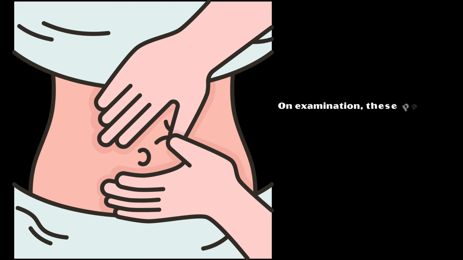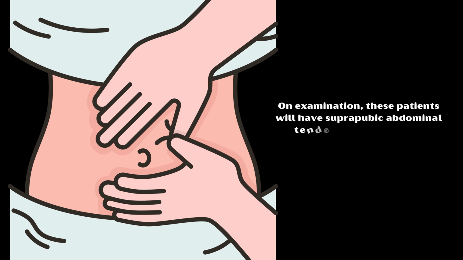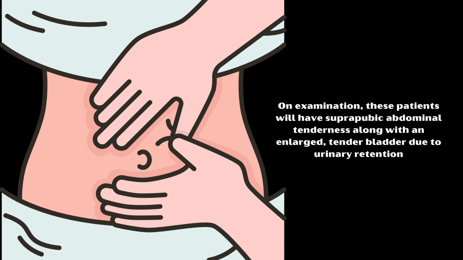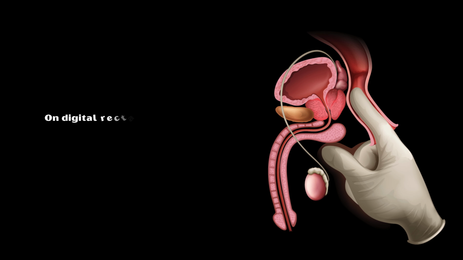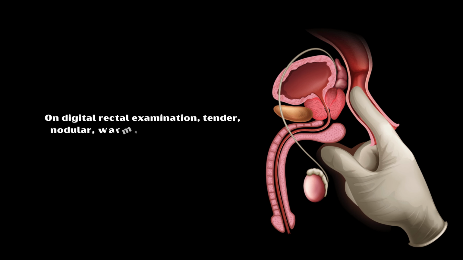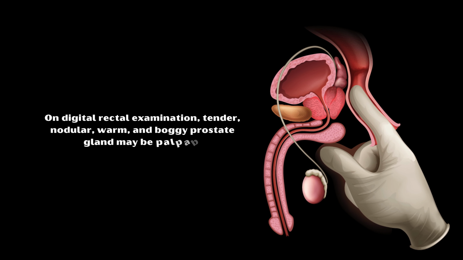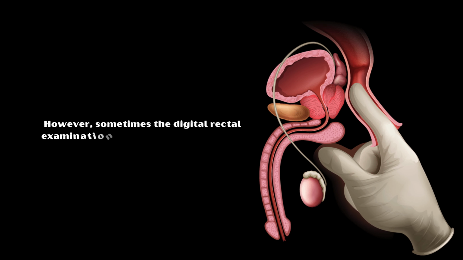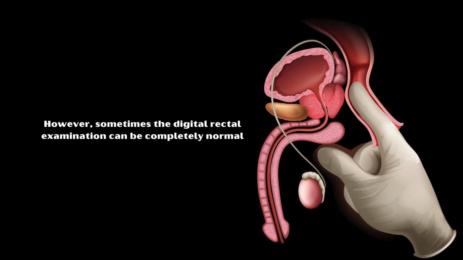On examination, these patients will have suprapubic abdominal tenderness along with an enlarged, tender bladder due to urinary retention. On digital rectal examination, a tender, nodular, warm, and boggy prostate gland may be palpable. However, sometimes the digital rectal examination can be completely normal.